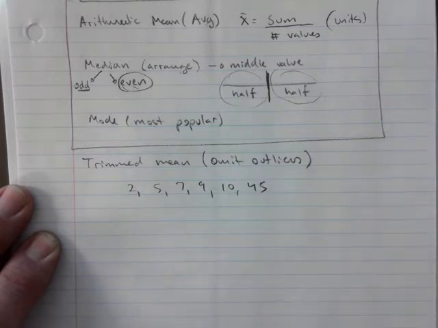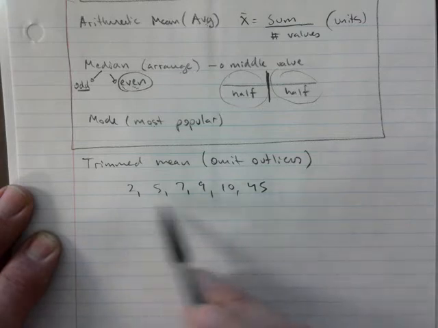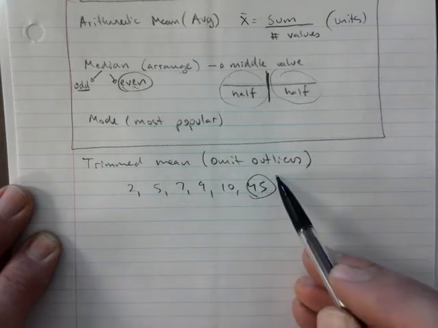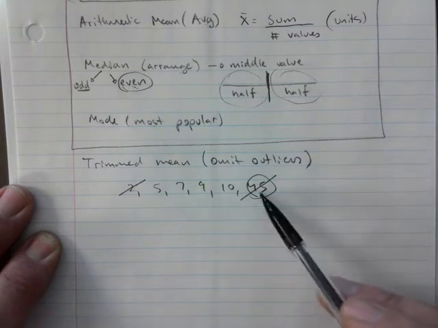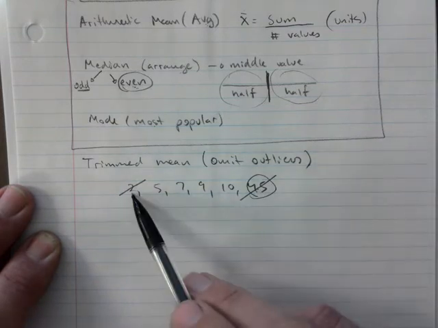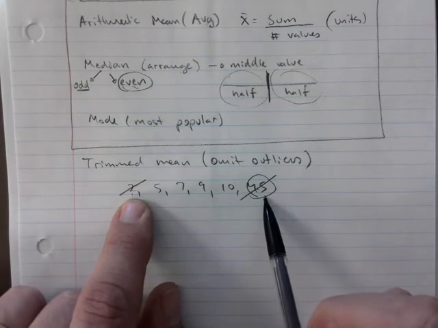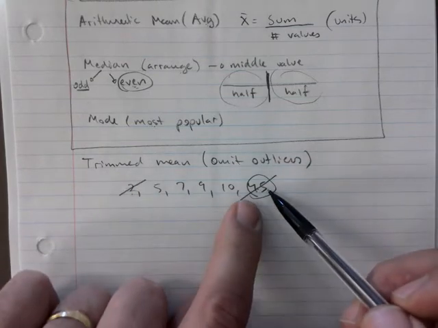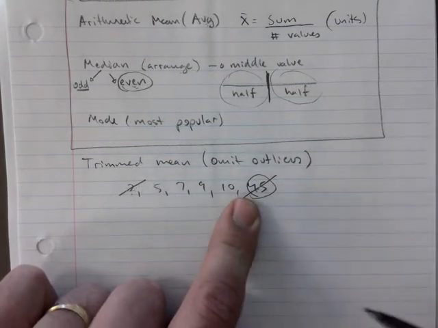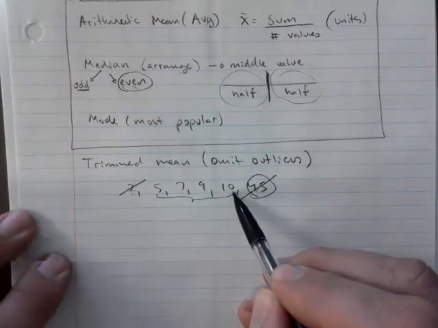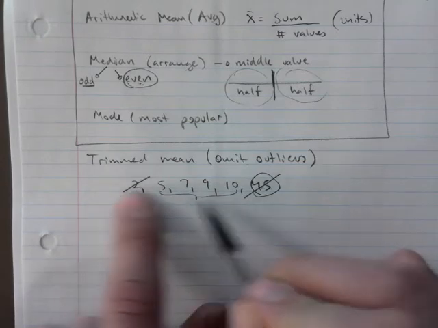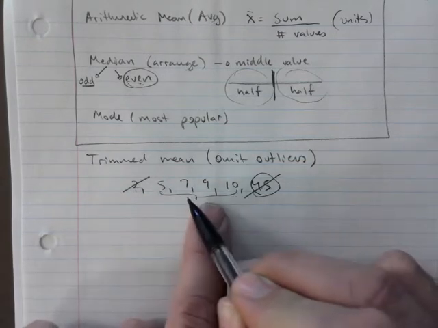You look at that data set and you're like, everything is kind of close together except for this one. So if you want to omit that one, you also have to cut the lowest, but this is your outlier. Some students think it's 45 and 2 because I trimmed both. It's like, no, you want to get rid of it, therefore also a lower one. And then it's basically just the sum of this. So instead of having 6 values at the beginning, you're down to 4. Okay.